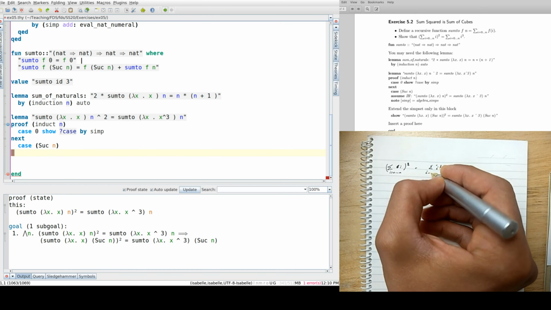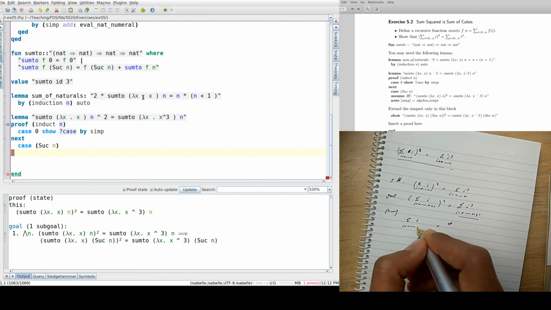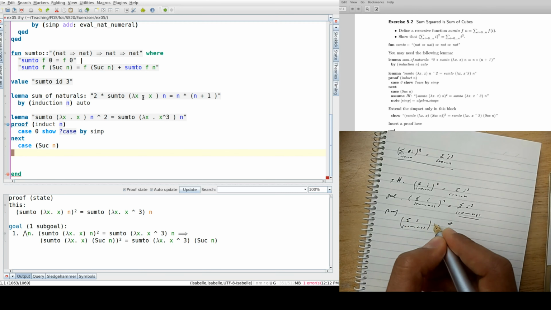Okay, so sigma from i equals 0 to n plus 1, whole squared. What is that equal to?